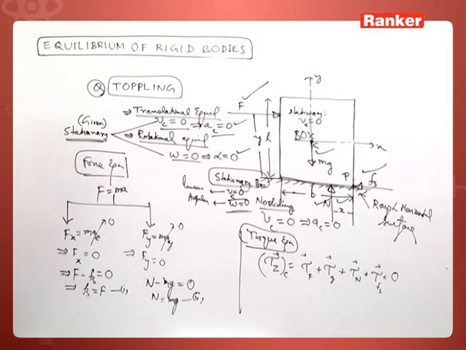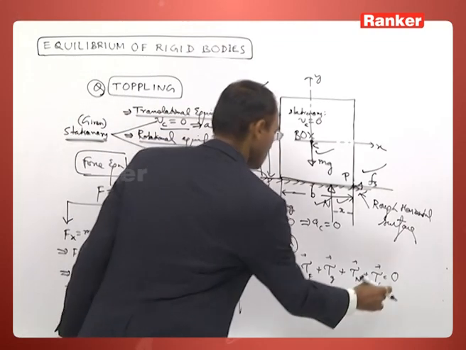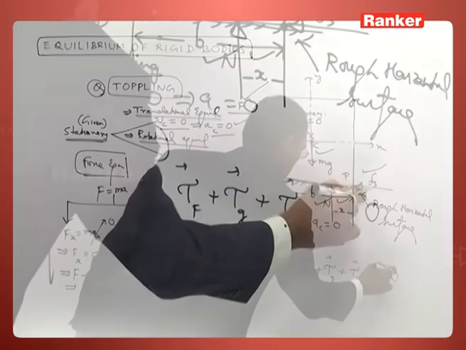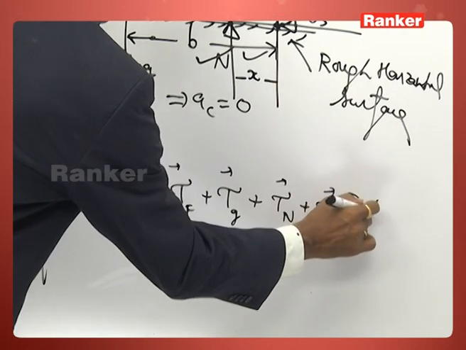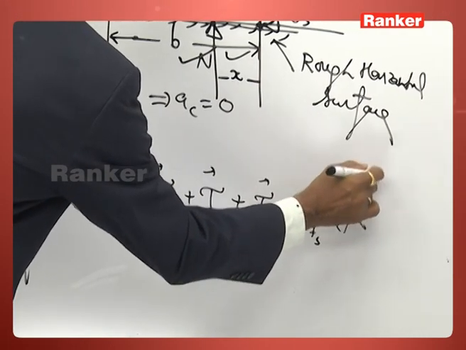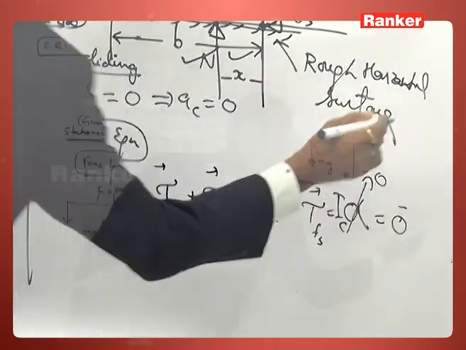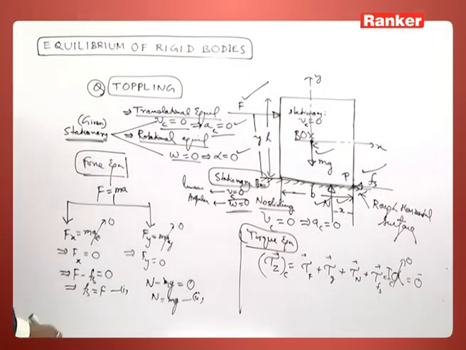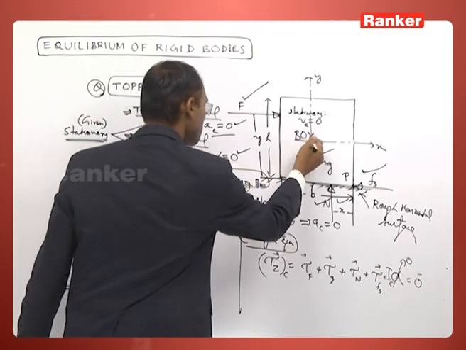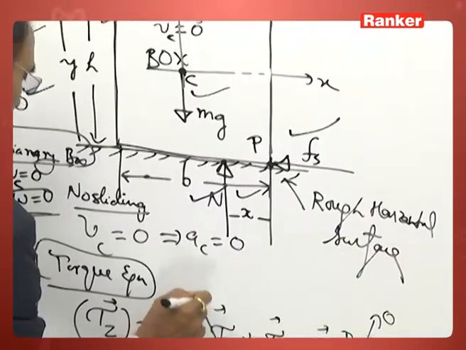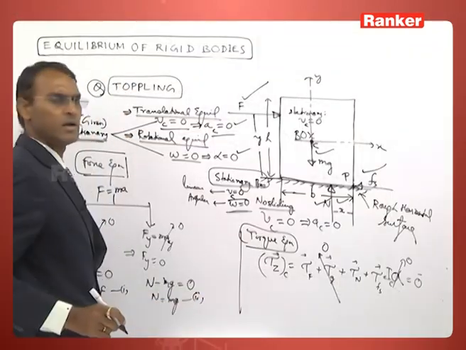Because alpha is 0, torque is equal to I_C into alpha. Since alpha is 0, we can equate the torque to 0. Since gravity passes through the center of mass, we can set tau_g is 0.